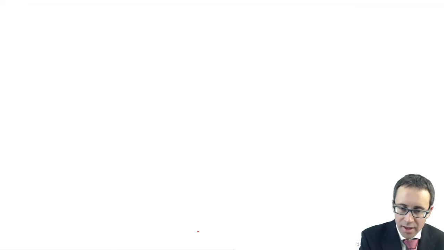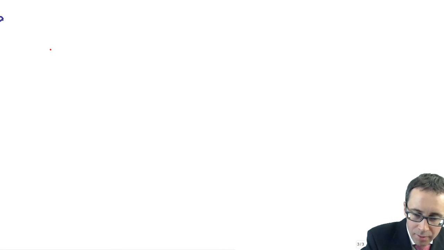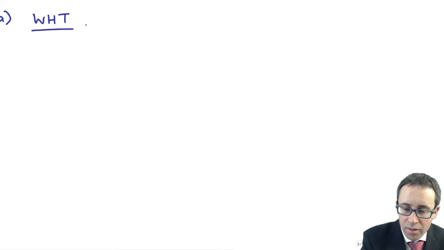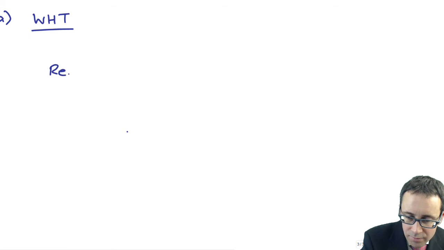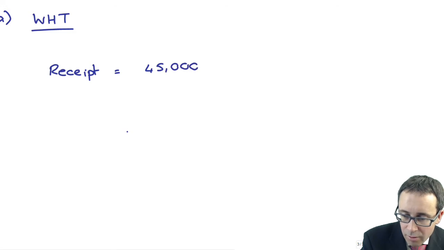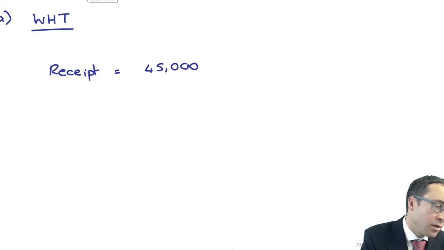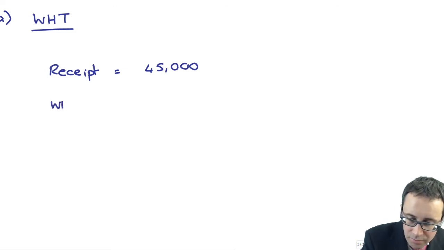So in part A, looking at the withholding tax, the receipt that you have is 45,000 and the withholding tax is 10%.